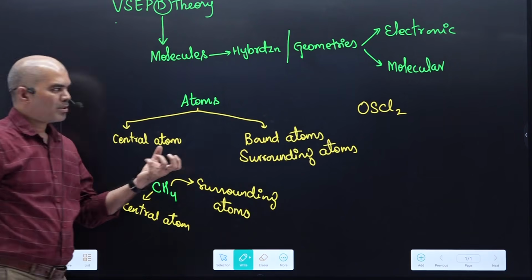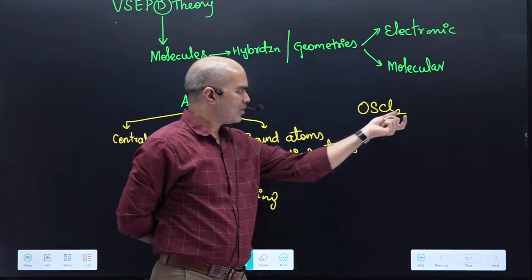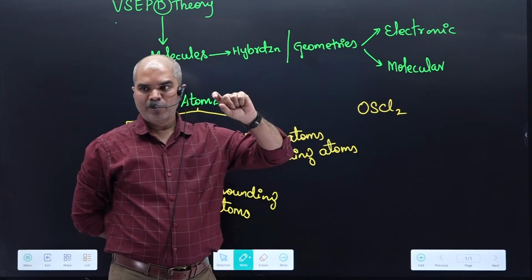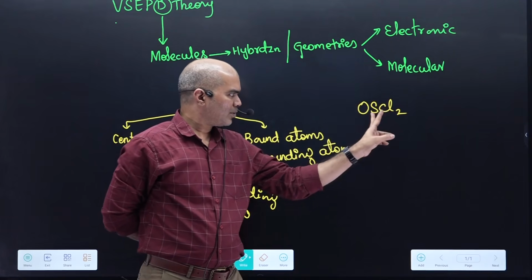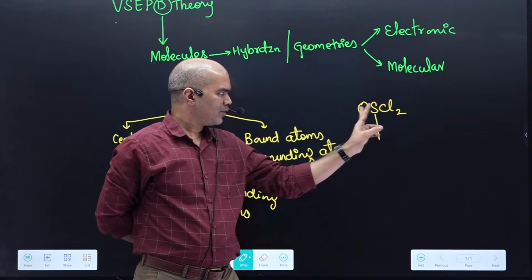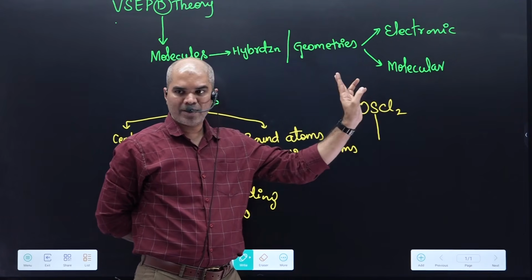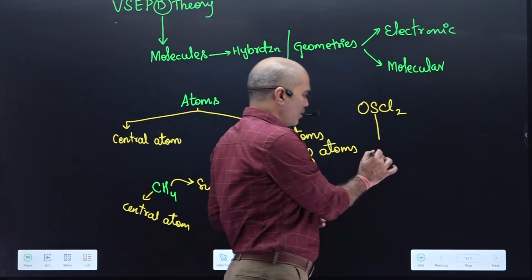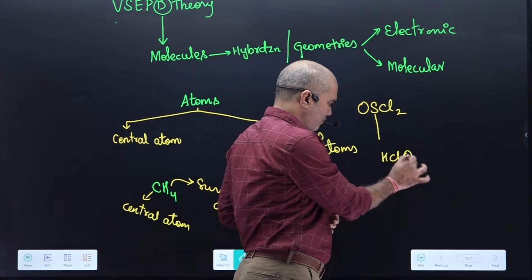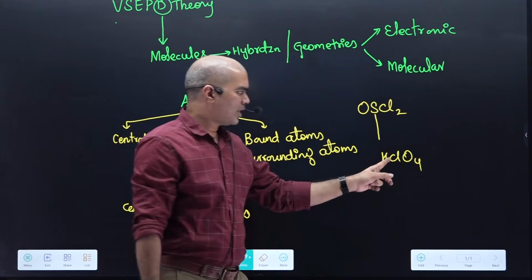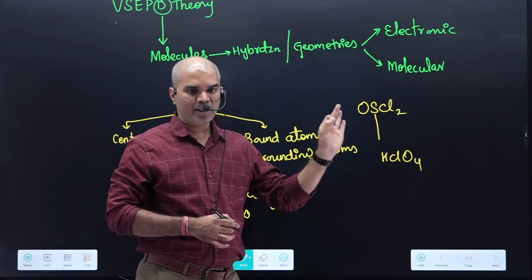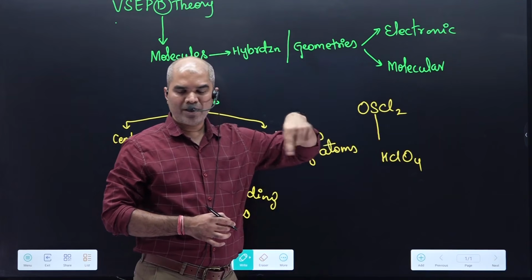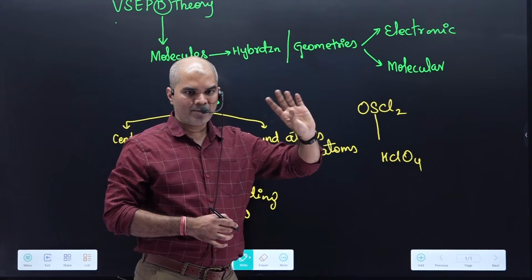So whenever I give you OSCl2, you should be able to identify which is the central atom and which are the bound atoms. In OSCl2, sulfur is the central atom, to which oxygen and chlorines are bound. Suppose I take HClO4, chlorine is the central atom to which oxygens are bound. So you should identify the central atom to which the bound or surrounding atoms are present.